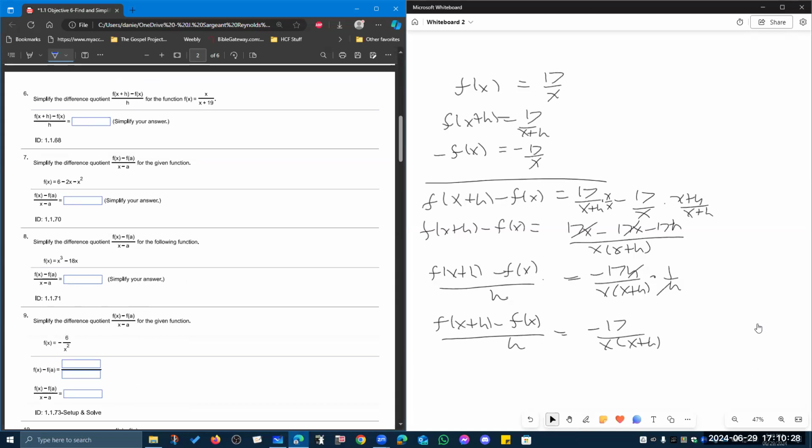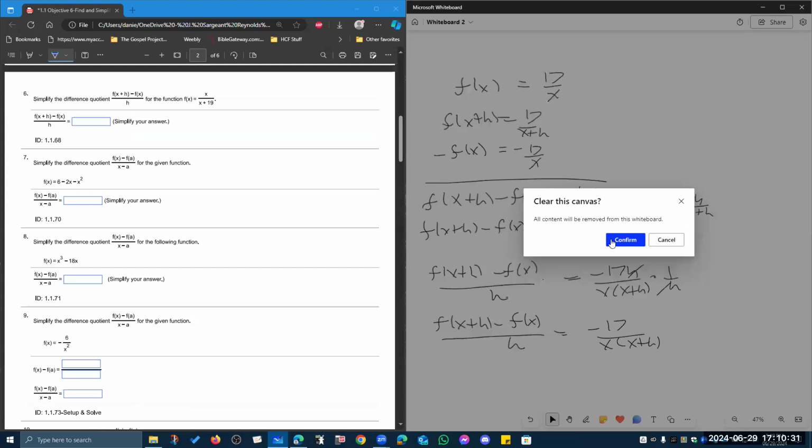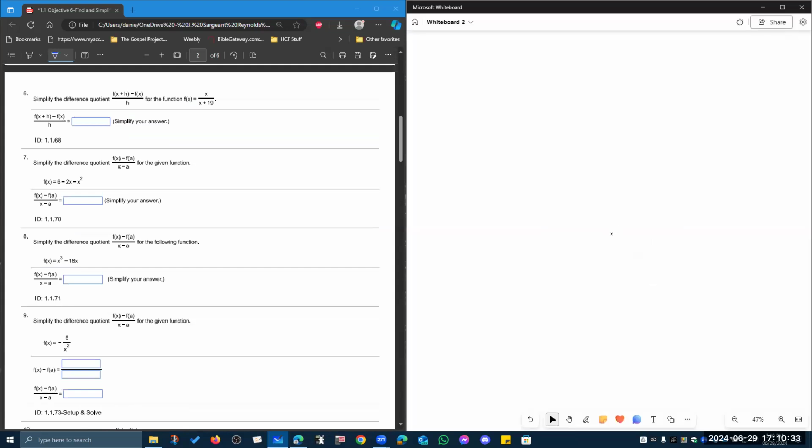All right, let's move on. This time f of x is equal to x over x plus 19, which makes f of x plus h equal to x plus h over x plus h plus 19.